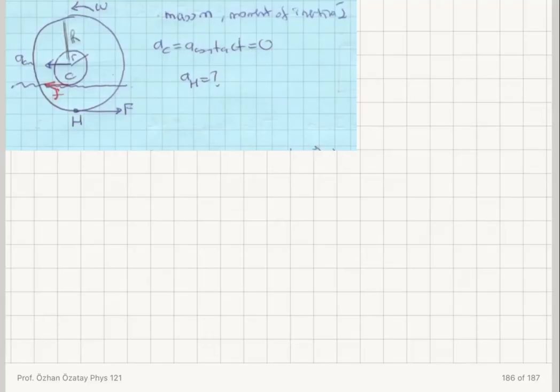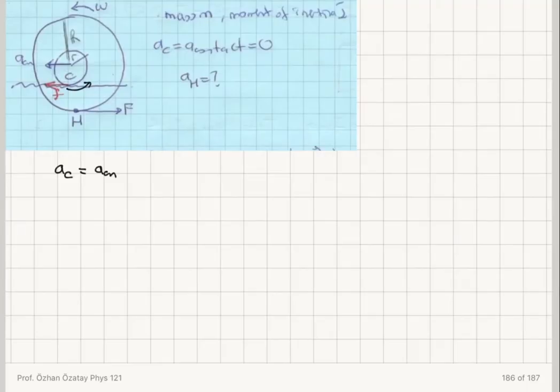So this is under the influence of a force F. Okay, and it's in contact with a rough surface, and there's going to be a friction at this surface. So what contributes to the contact point acceleration? Let's think about this. There is the center of mass acceleration, and there is the acceleration coming from the rotation. If I write the acceleration of the contact point C, it's going to have a contribution from the acceleration of the center of mass.